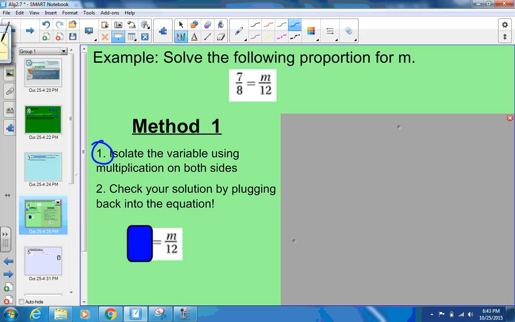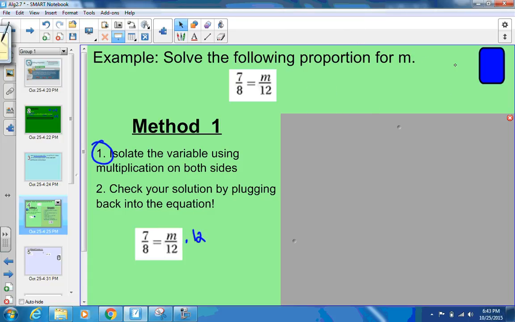If this is division, we isolate it by using multiplication. So we're going to multiply by 12. Then I'll uncover the other side so we can multiply by 12 over here. When you multiply by 12 or 12 over 1, those cancel out, and you're left with just m.